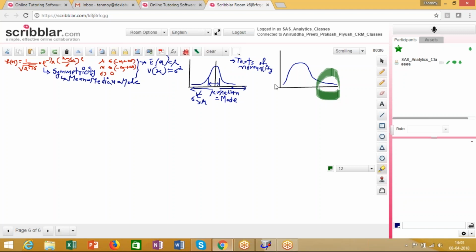And over here the concentration of the values lies to this specific side, right? So these are the two sources.